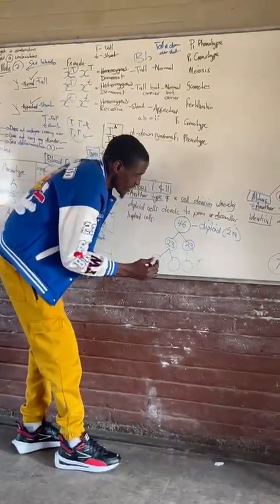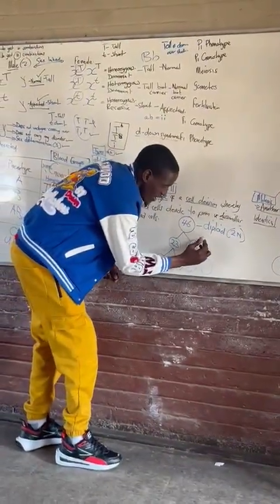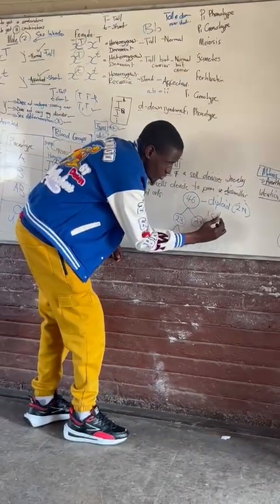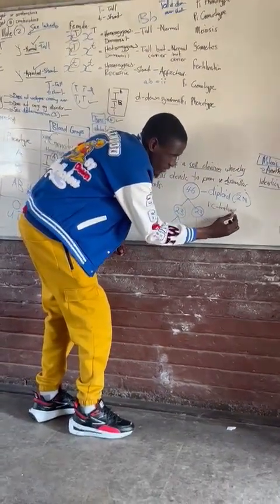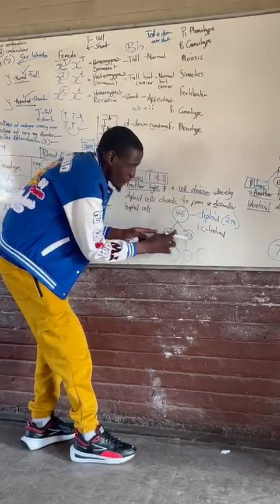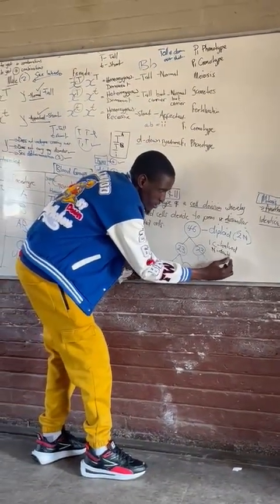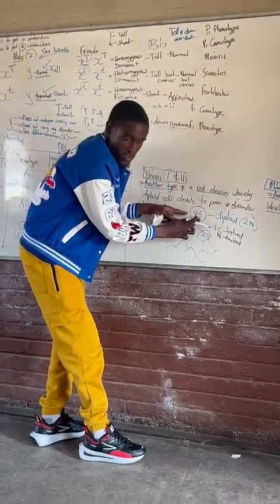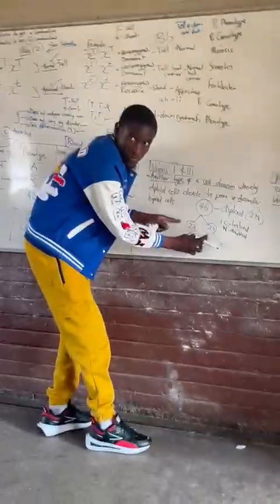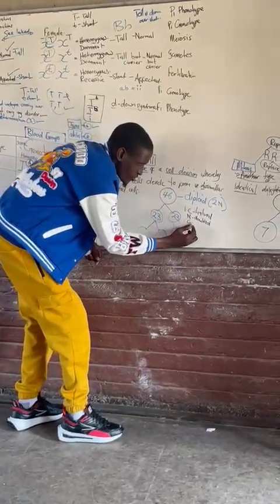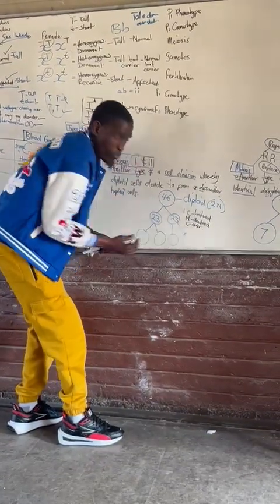Meiosis 2, we are going to have something like this. Remember, the number of chromosomes was halved in meiosis 1, and the number of nucleus was doubled, from 1 nucleus to 2. And then we also have crossing over.